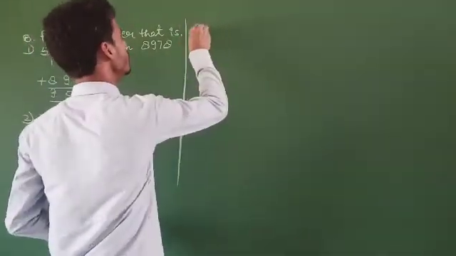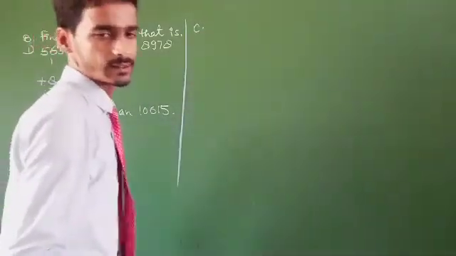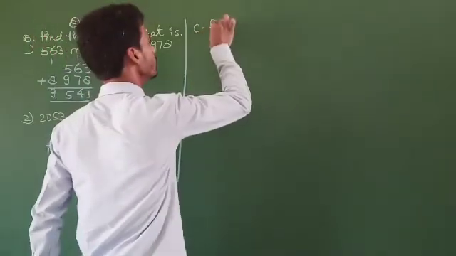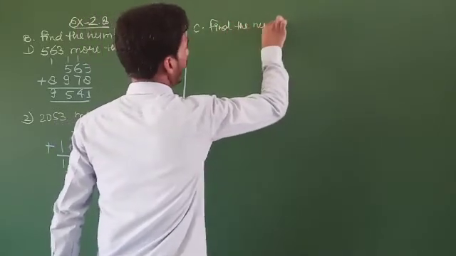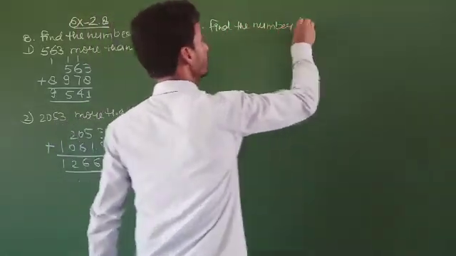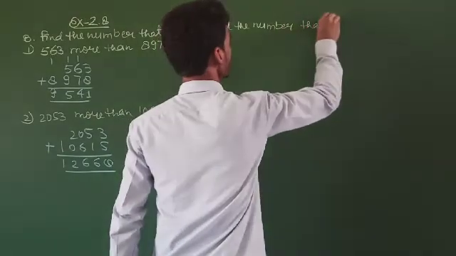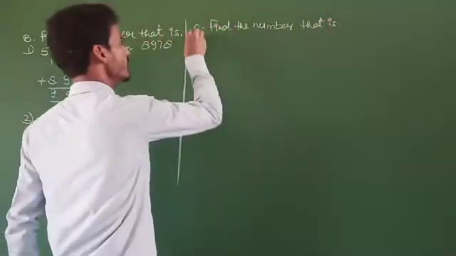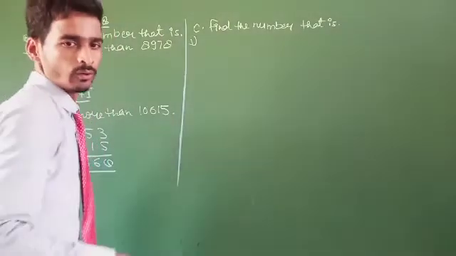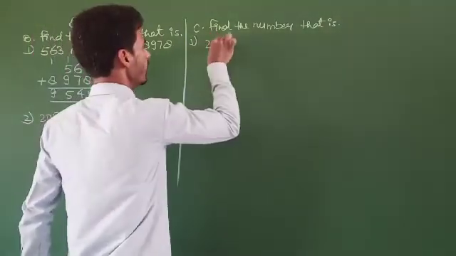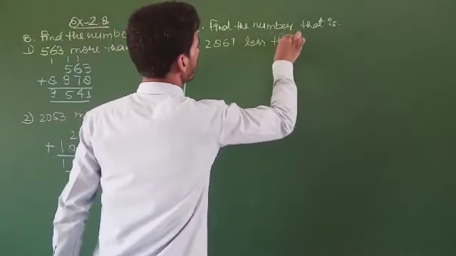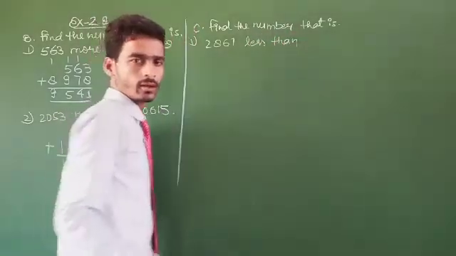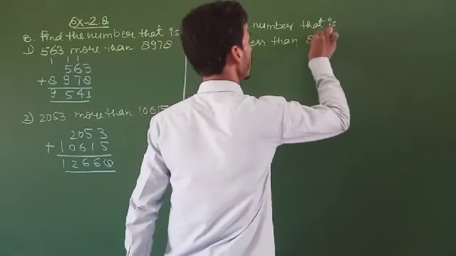Now question number C: find a number that is 2867 less than 8978.